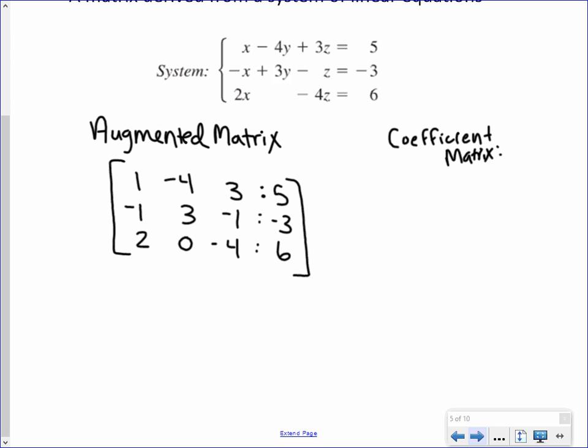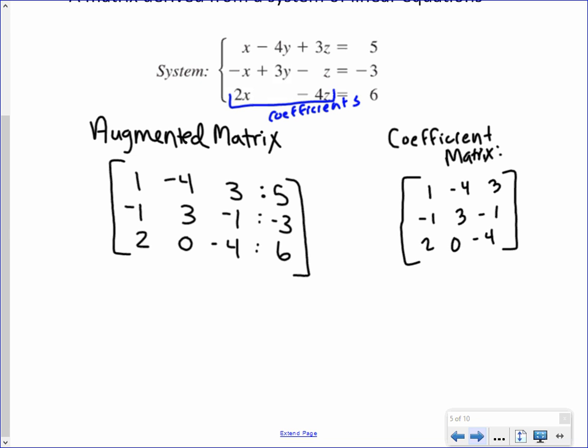When you look at the system, your coefficients are only on the left side of the equal sign. So the coefficient matrix would be different than the augmented matrix. It wouldn't include those constants that are equal to. So if I were going to make a coefficient matrix here, it would be a square matrix, 3 by 3. And I would leave out the equals.